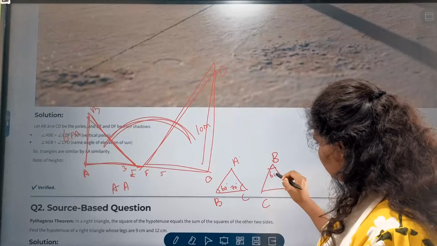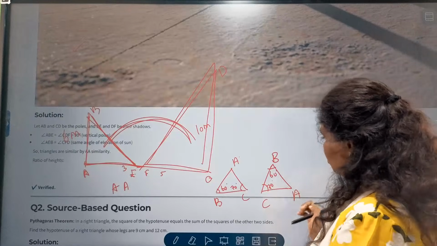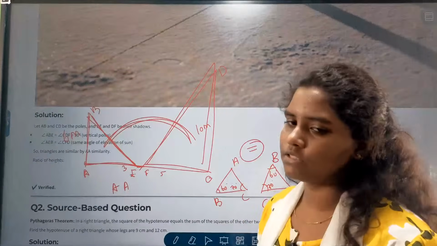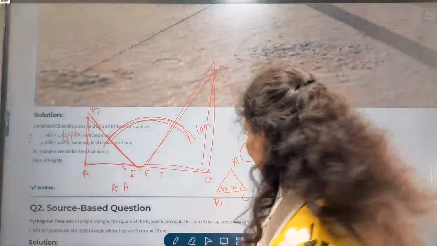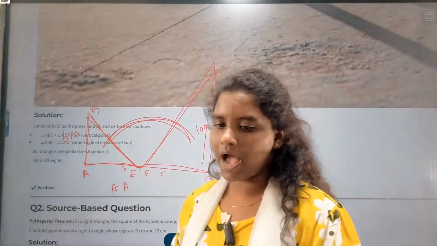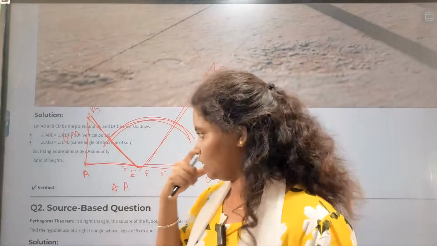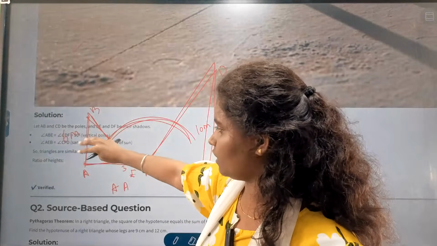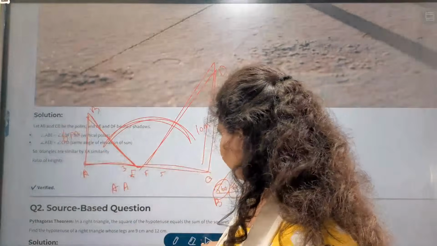Here it's 60 degrees and here it's 70 degrees. So if I place this here, both the triangles are similar, by using the angle being the same. So by using angle similarity, it satisfies. Like that, both the conditions are satisfied, then it's proved.